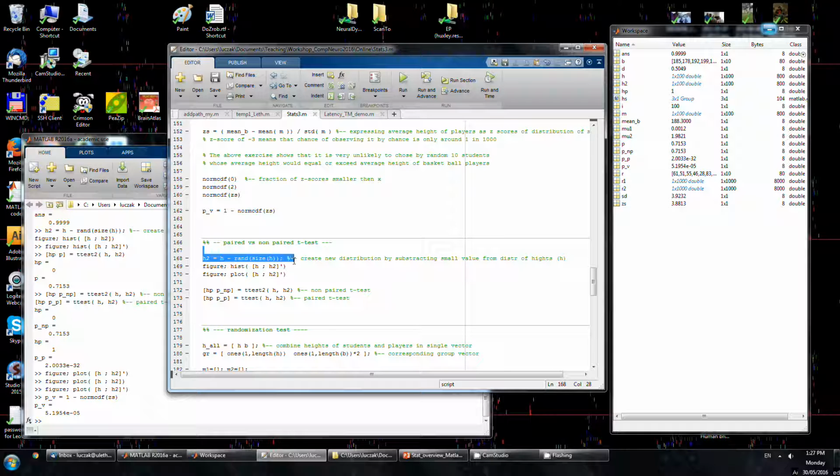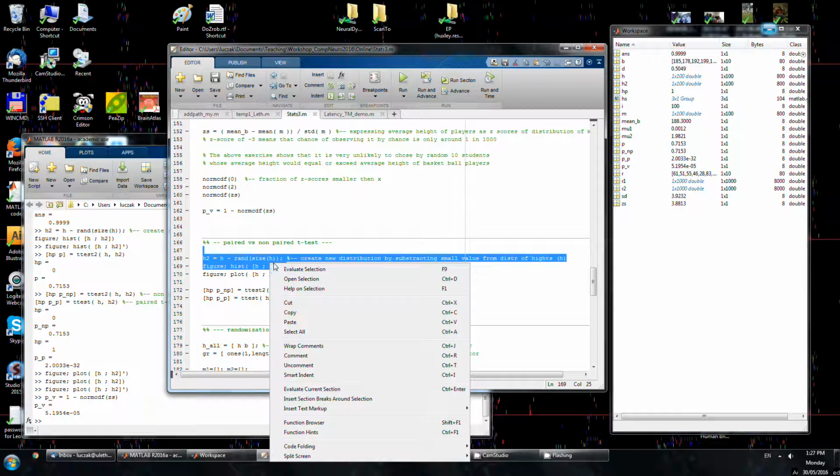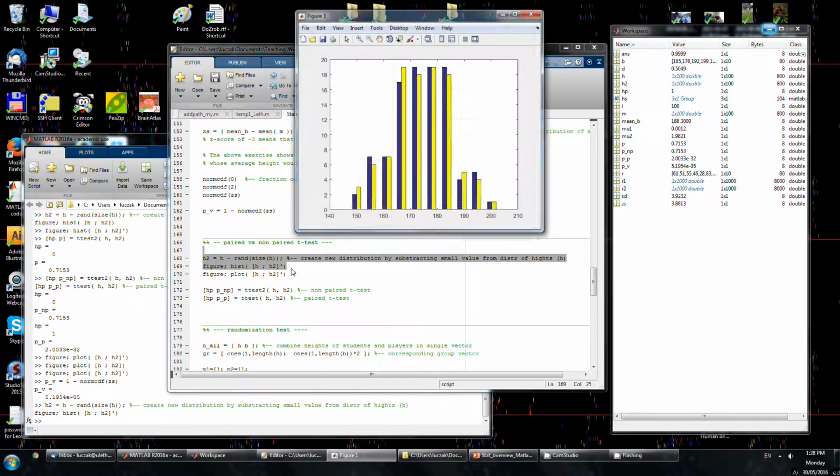So here we will generate the second distribution with slightly shorter heights, and if we plot this histogram we will see yellow for the normal distribution, and blue for the second distribution.